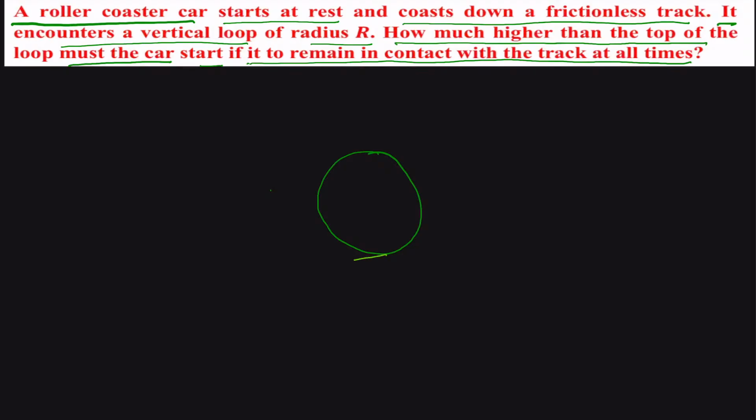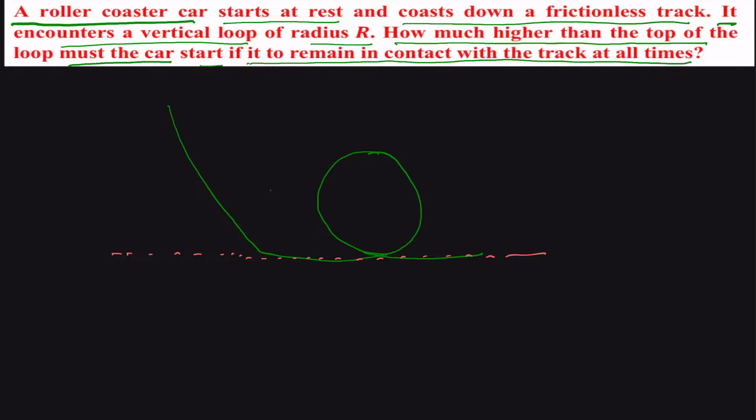And so this will be some kind of loop. And it starts from rest from a certain height. So let us make a height, and this is our horizontal level.